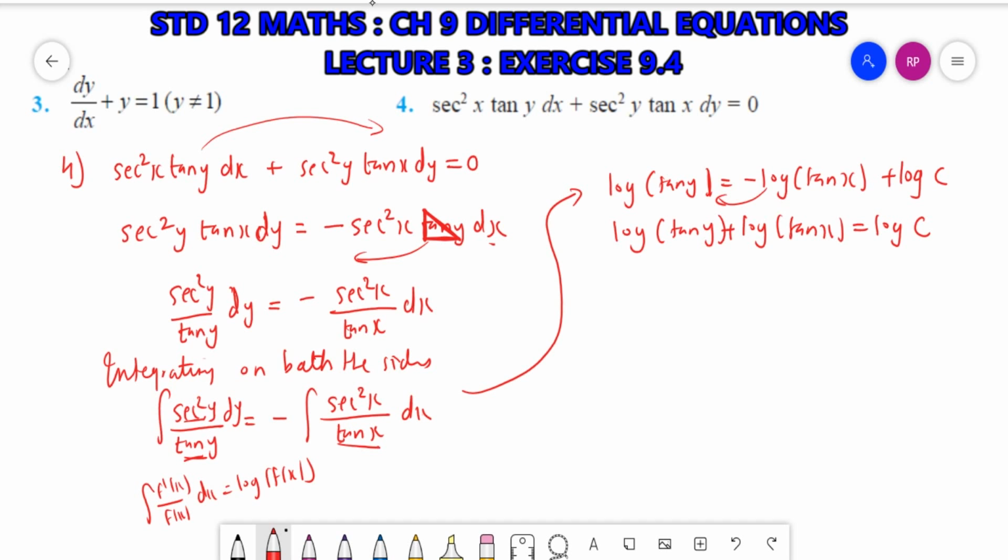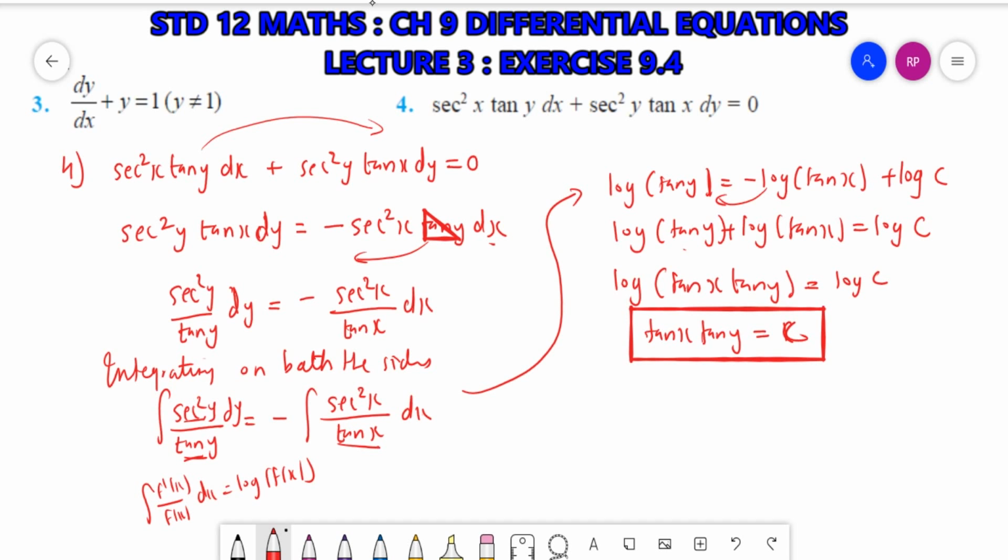Now in logarithm, addition becomes multiplication. So it will be log tan x into tan y, that will be equal to log c. So I can remove log on both the sides. So tan x tan y is equal to c. So this is our question number 4.